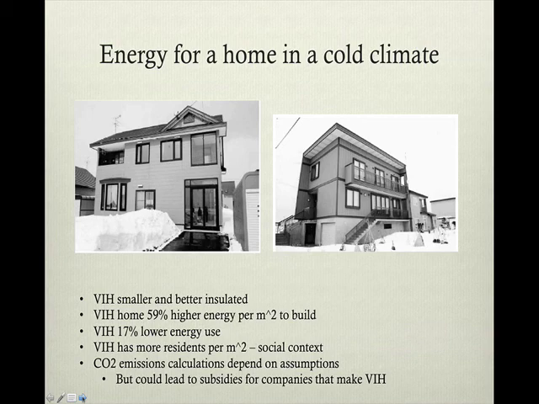They had maybe grandparents living with them, or some other, larger family. So it's really a hard thing to compare when you've got a bigger home with fewer residents and a smaller, more compact home with more residents.